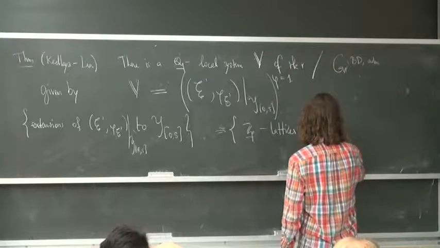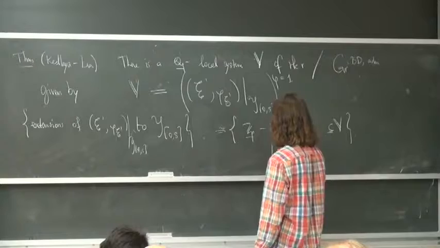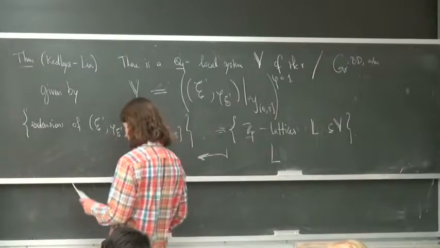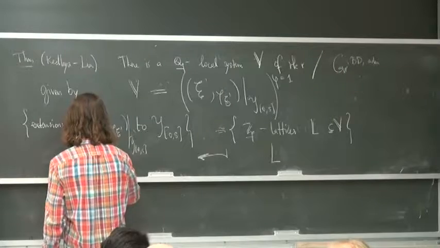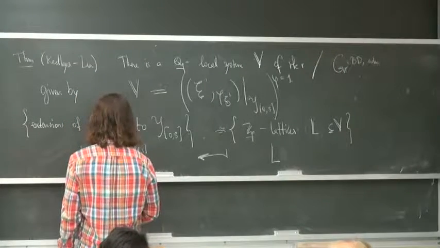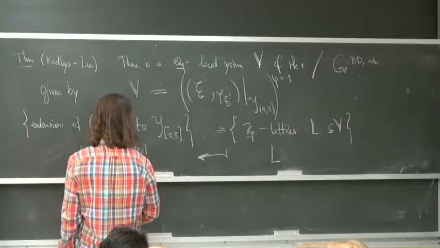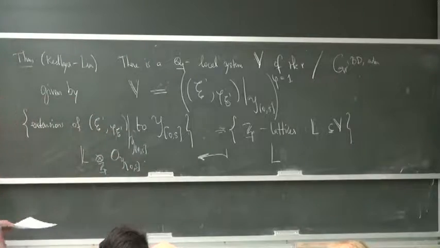Let's call it L, where L maps to L tensor ZP. Yes, makes sense.